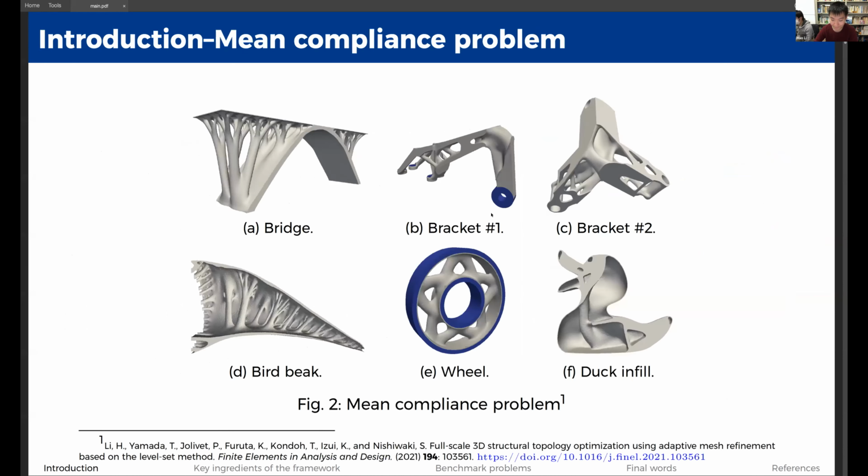Here we recall some applications we showed at last year's FreeFEM days. For example, in these slides we are doing a mean compliance problem. We start with a full solid material and run our optimization algorithm to remove the inefficient material, and finally we end up with the optimal structures.